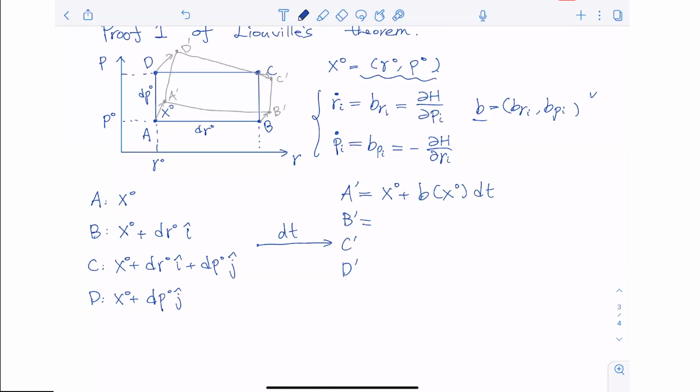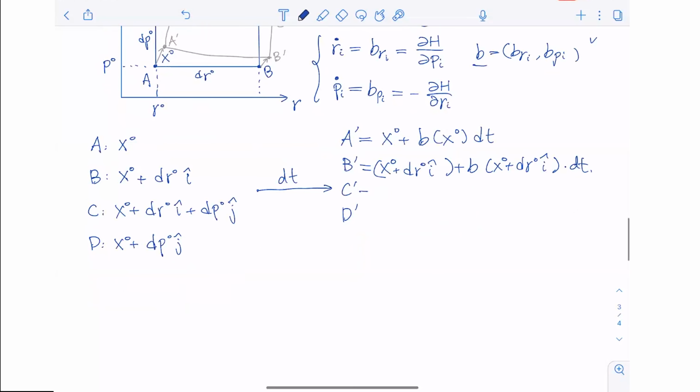Similarly, we'll also have B prime. I'll just write it down. The idea is quite straightforward: you evaluate the velocity around that point, multiply by dt, and add it to the original position.